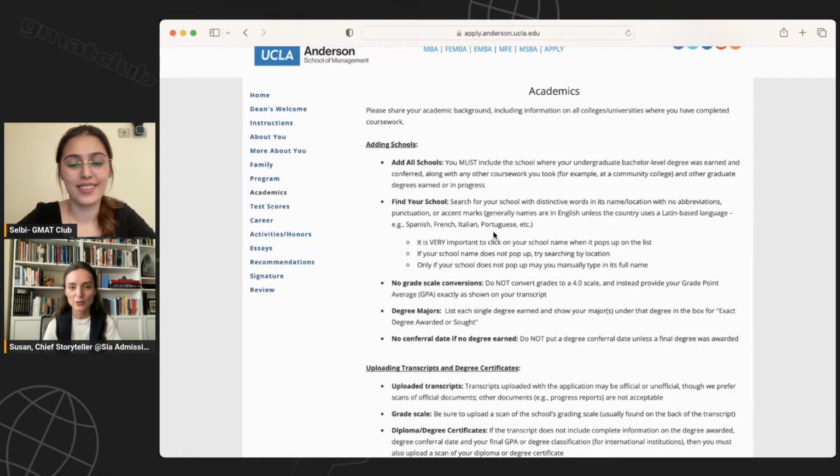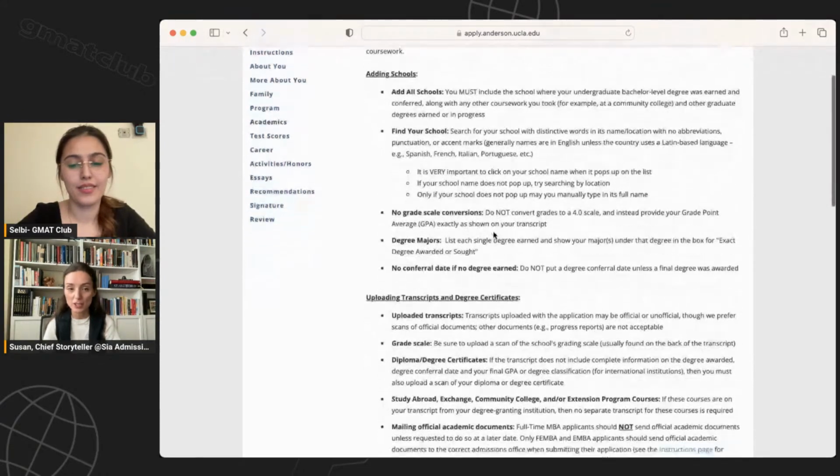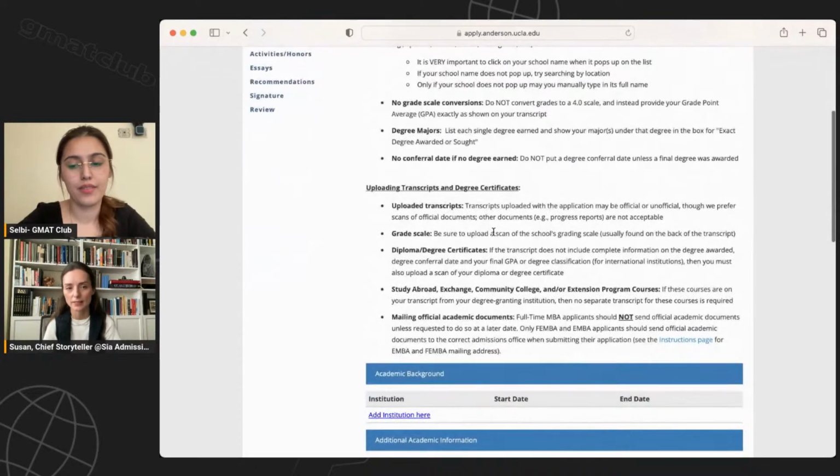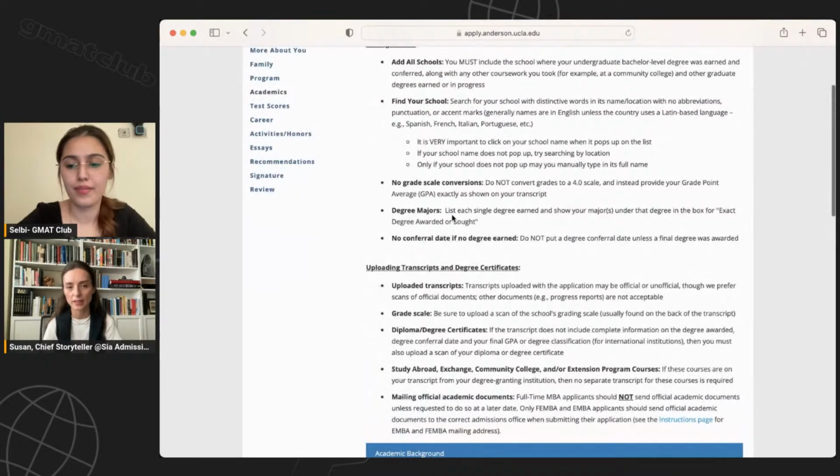So here you have some information about how you're going to include your various academic details. They're asking you to not convert your grades to a 4.0 scale. This is really important. Where you can, try not to convert, because conversions are never apples to apples.